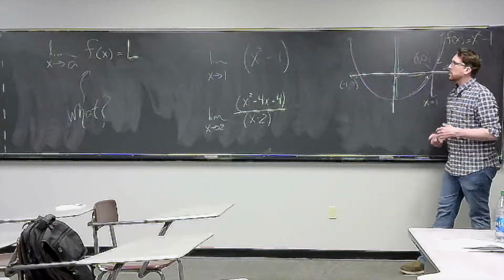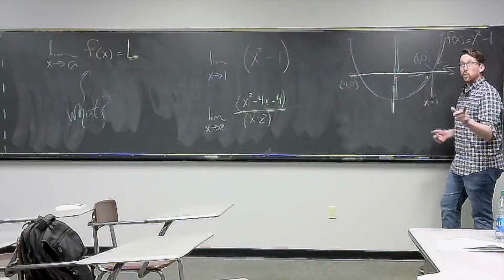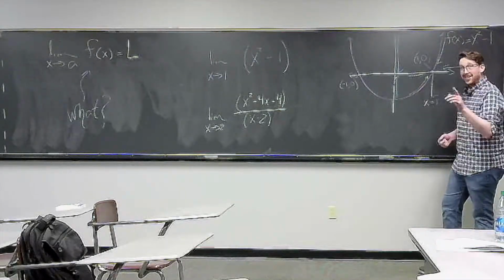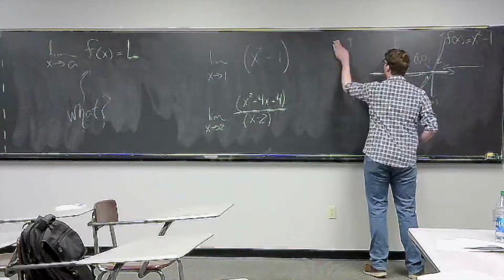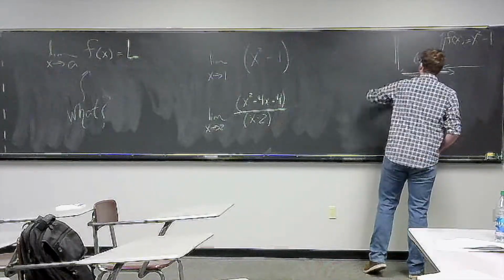So we can go about starting to answer some of these questions graphically. That said, there's another way we can go about this. We could go about this using a tabular approach.